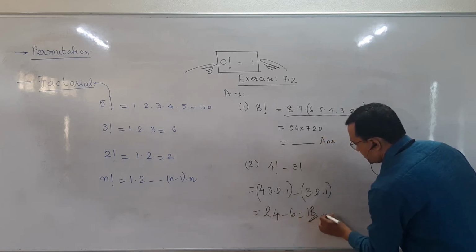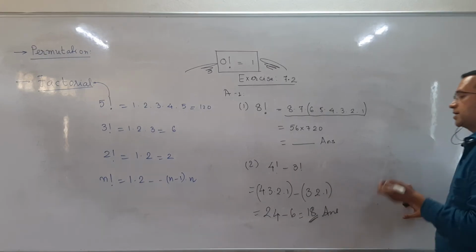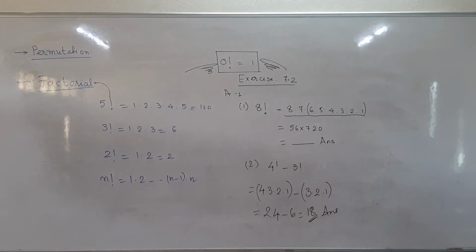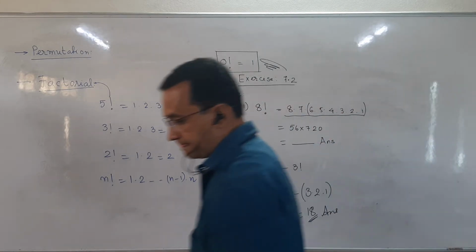So the answer is 8. Check. You would have written 1 factorial. 1 factorial is simply 1. And that is definitely wrong, students. So, this is the definition of factorial which we have applied.